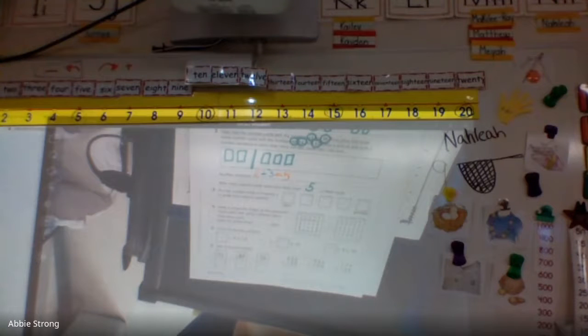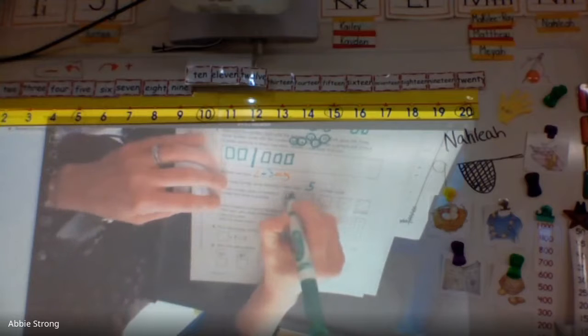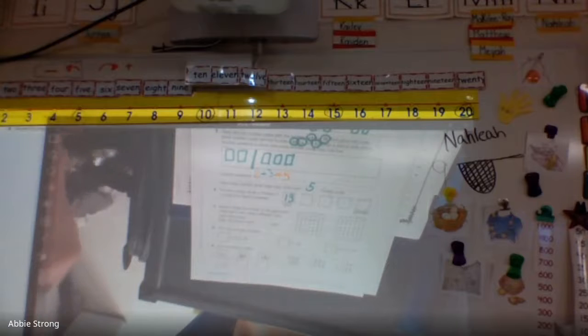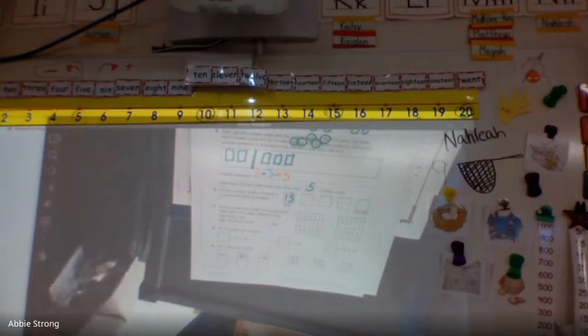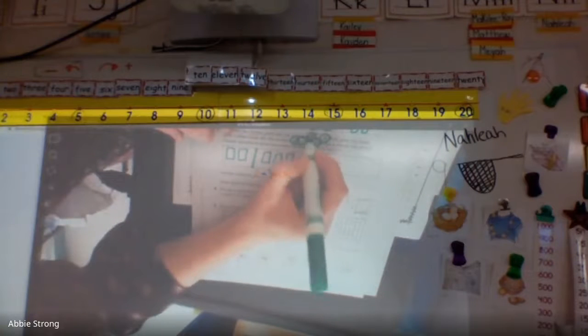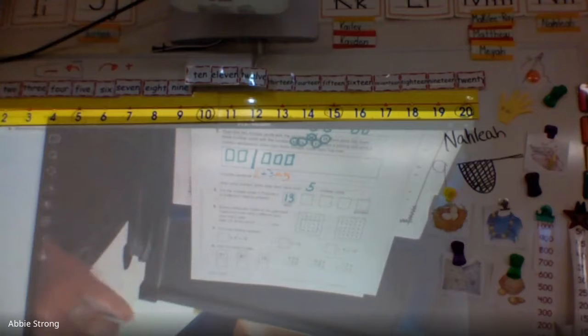So we have 13, 14, 15, 16. So we're going to put a 13 in this first box. That's our smallest, the least. I'm going to cross off the 13 in the story problem to show that I'm done with that number. I've used it.